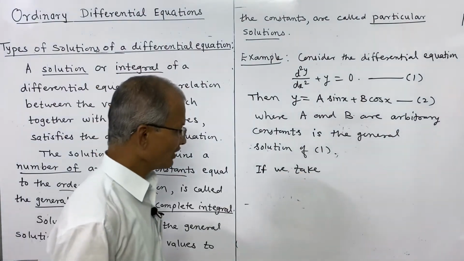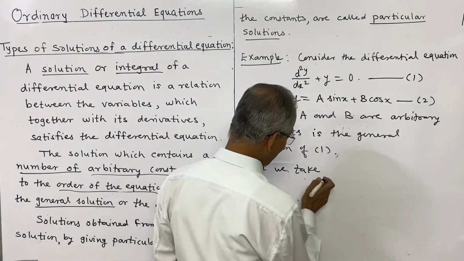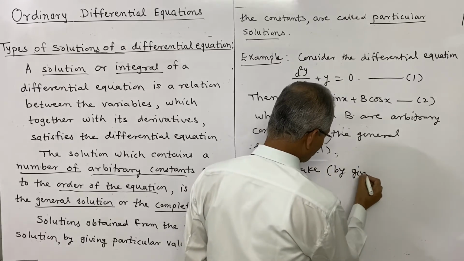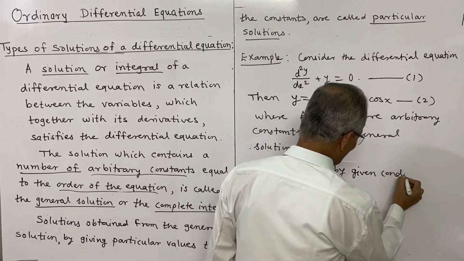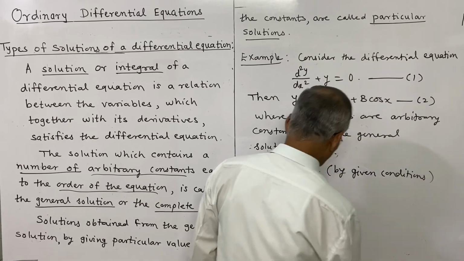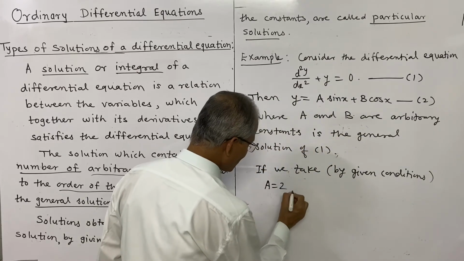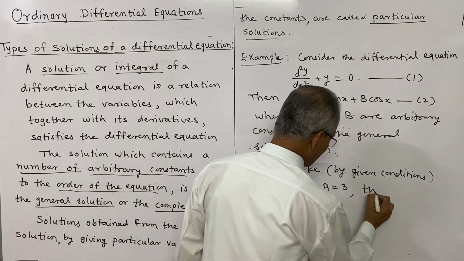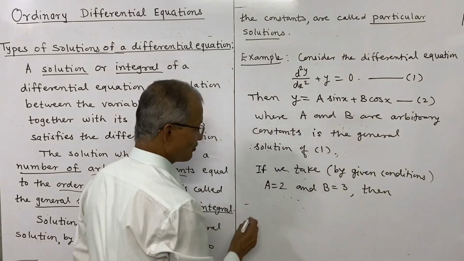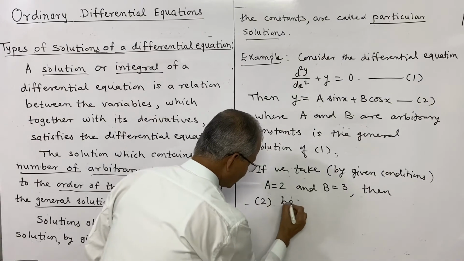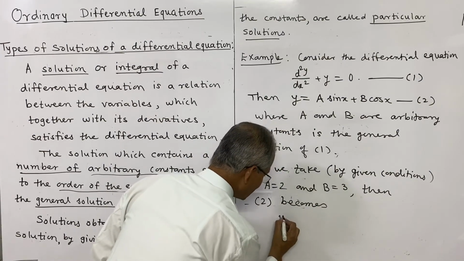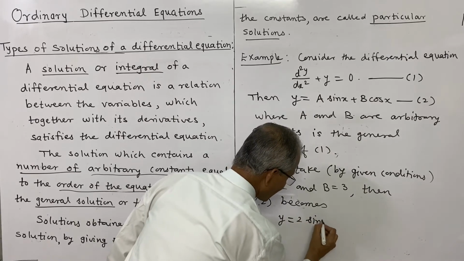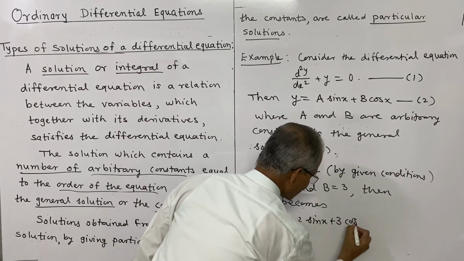Suppose by the given conditions a is 2 and b is 3, then the general solution becomes y is equal to 2 sin x plus 3 cos x.